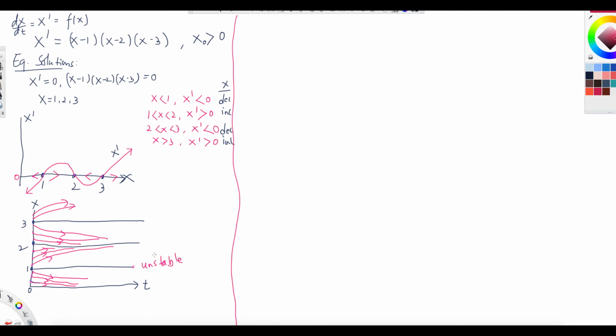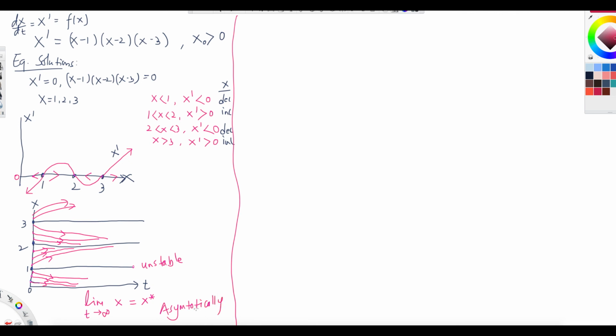We call solutions asymptotically stable or unstable because of what happens as t tends to infinity. If the solution x goes to a number x star, then it is called asymptotically stable.